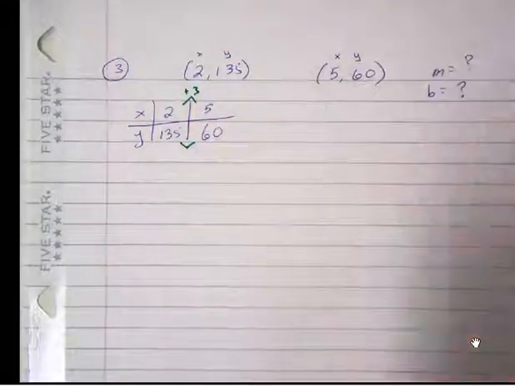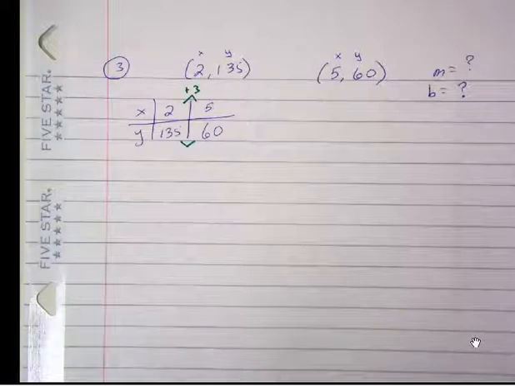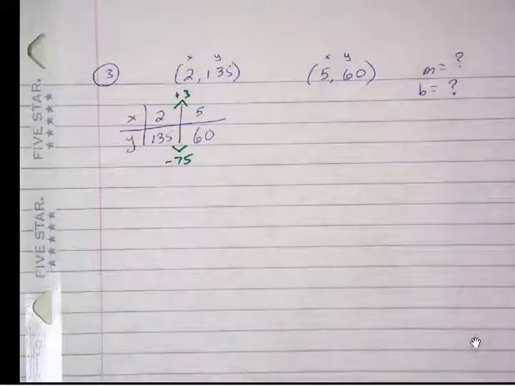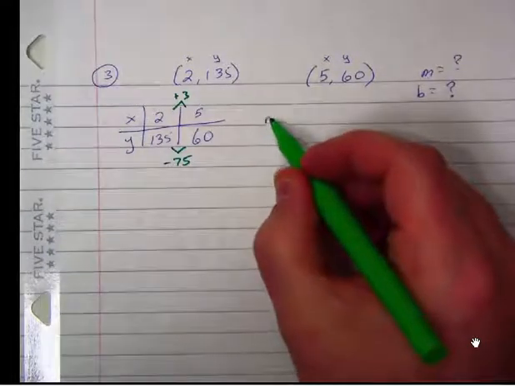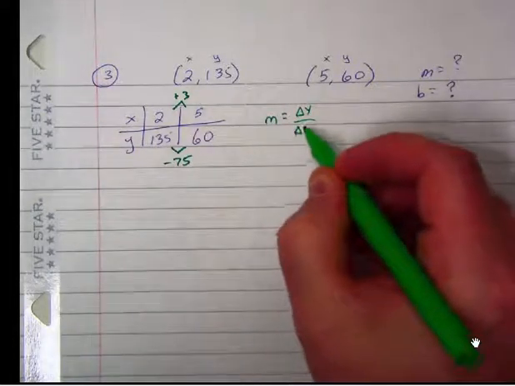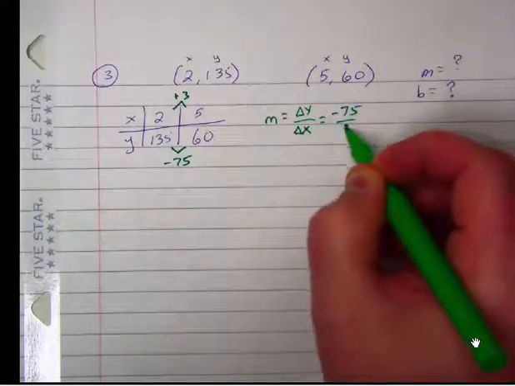To get from 135 to 60, we might have to do a little bit of work, but that's okay. Let's see, 135 to 60 is minus 75. Okay, well, like I did before, I can now use this information to tell that my slope is change of y over change of x, which in this case is negative 75 divided by 3.